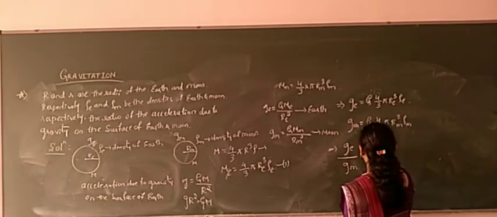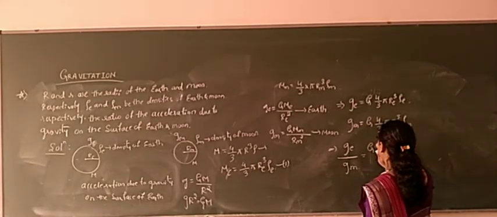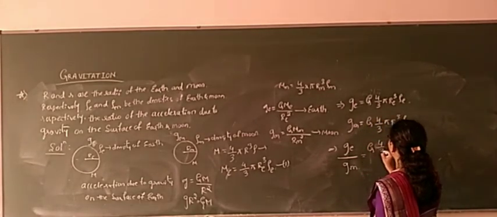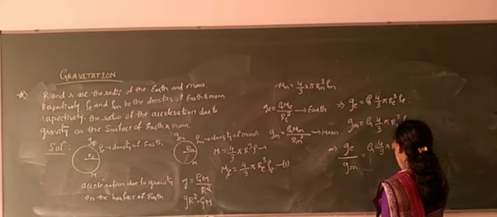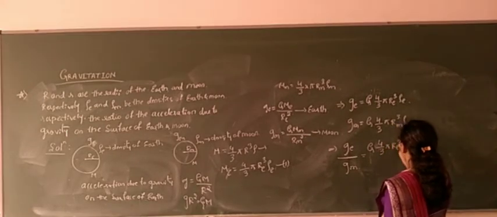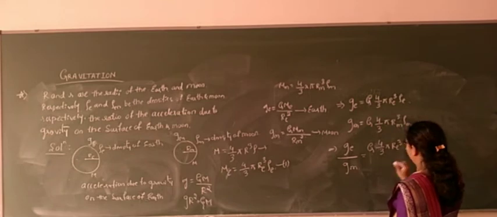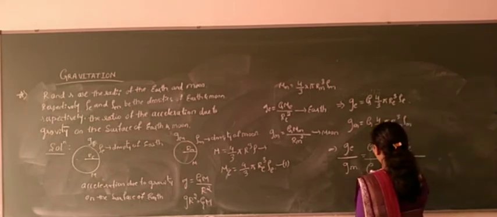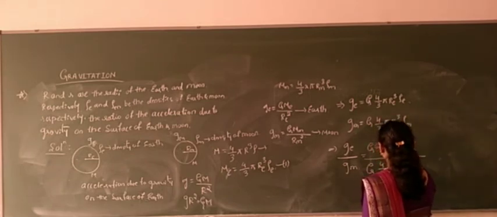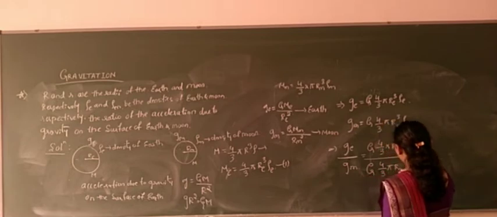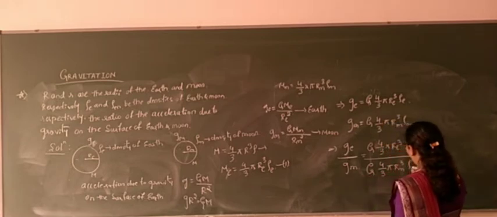So we have capital G times 4 by 3 pi r_e cubed rho_e, divided by capital G times 4 by 3 pi r_m cubed rho_m.